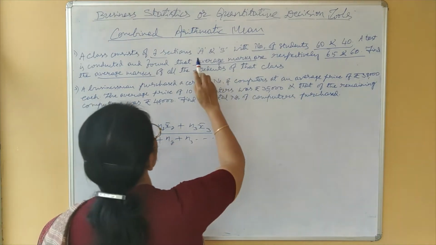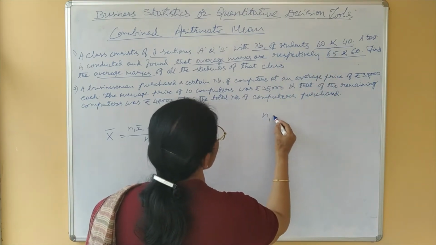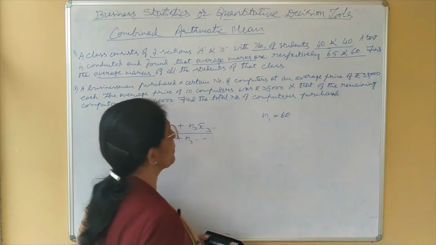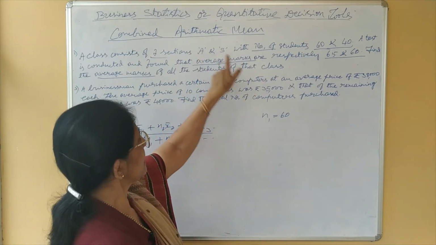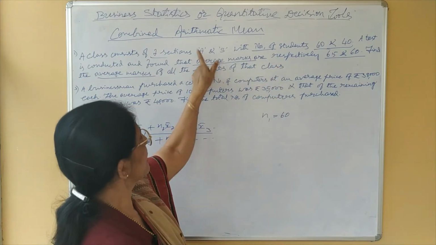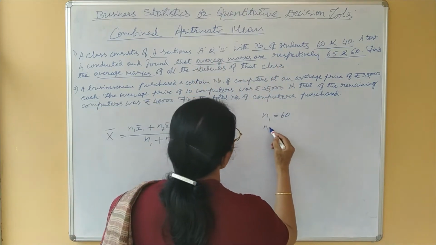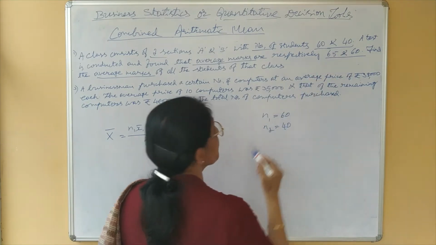Now here, with the number of students, N1 equals 60. N1 is the number of students of section A, and N2 is the number of students of section B.